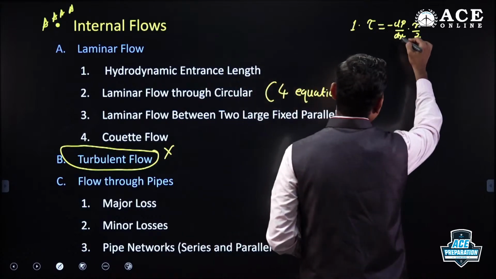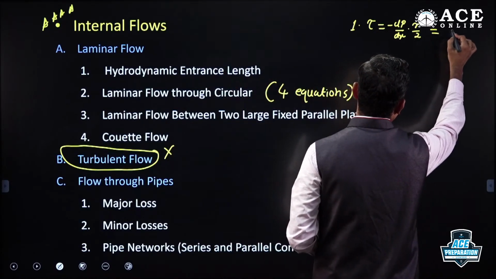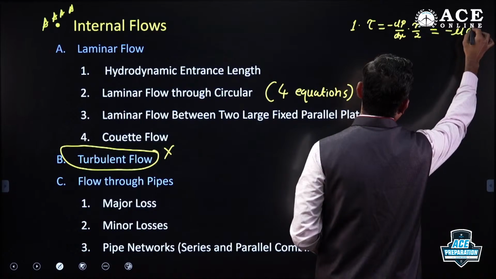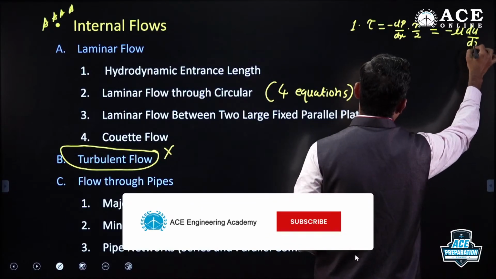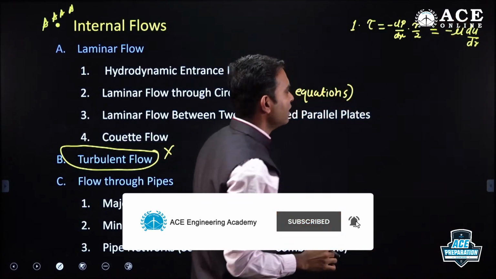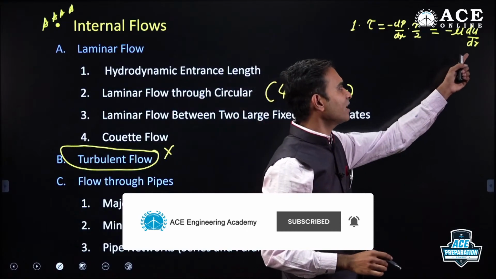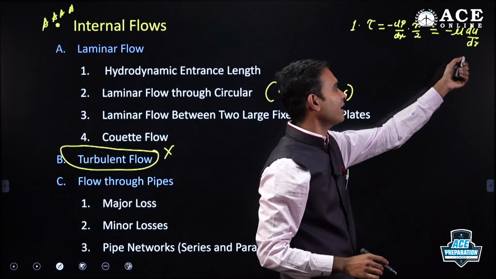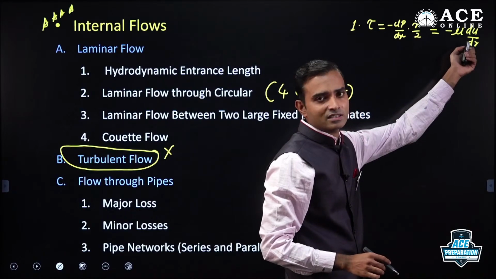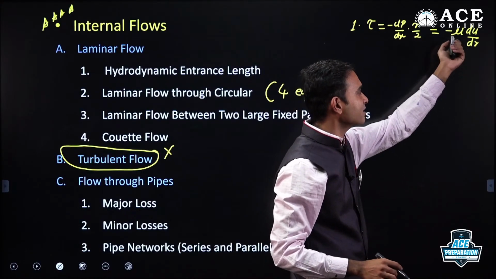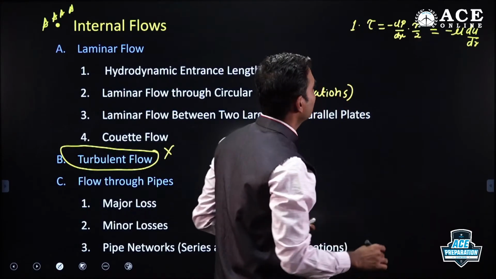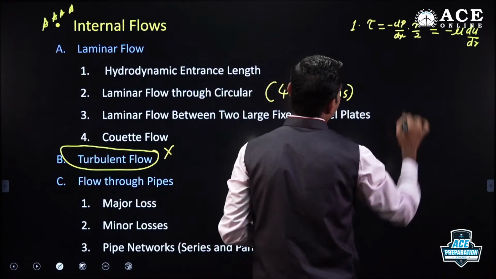So tau equal to minus dp by dx into r by 2, and Newton's law of viscosity minus mu into du by dr. Okay. So here r is the variable measured from center, and when r increases, velocity decreases. As we go away from center, velocity decreases. That's why here minus sign we write. So it is not y, it is r.